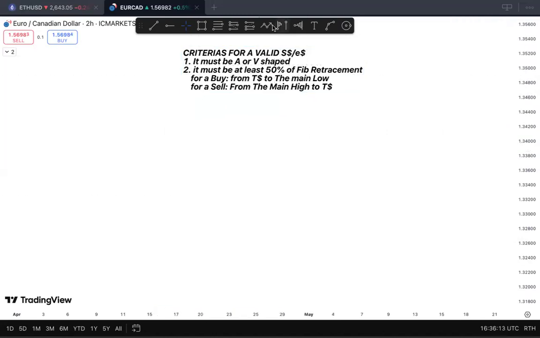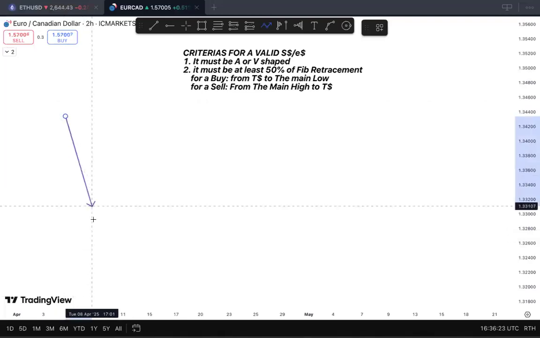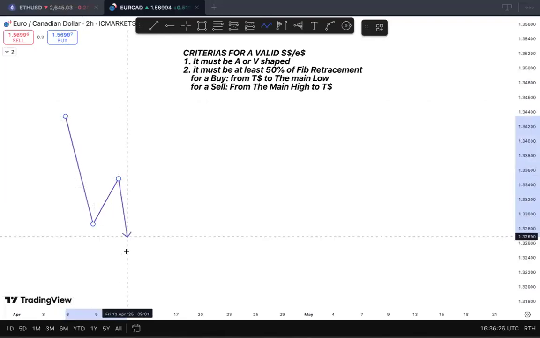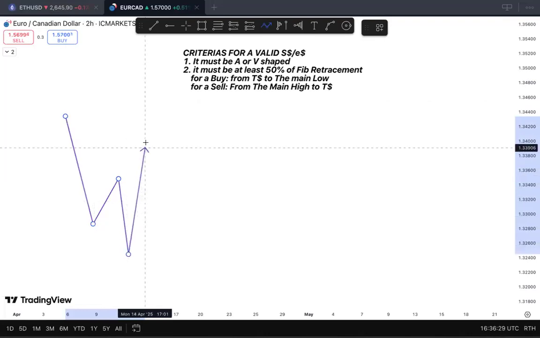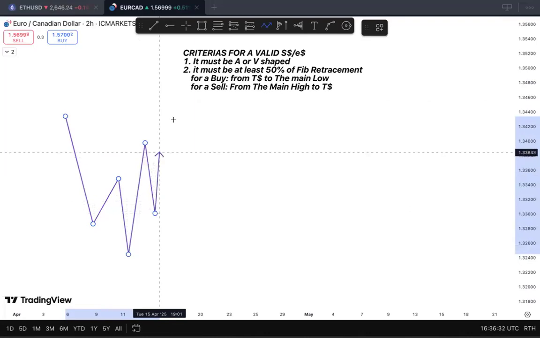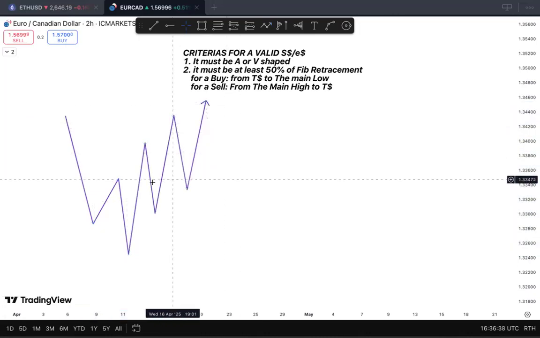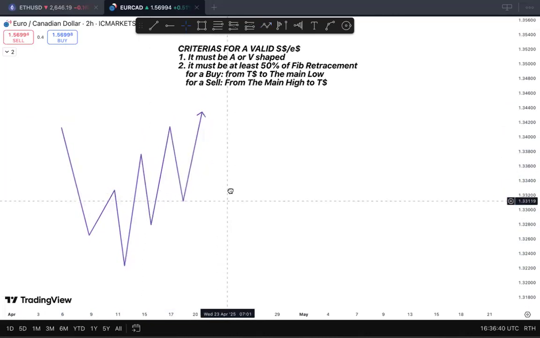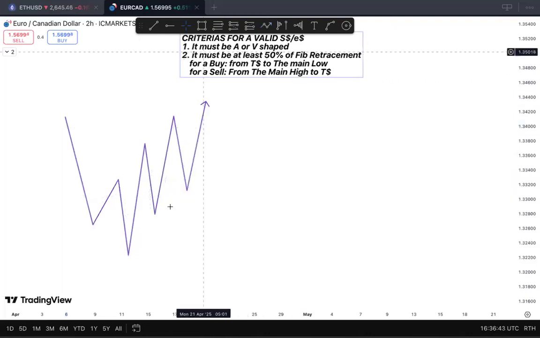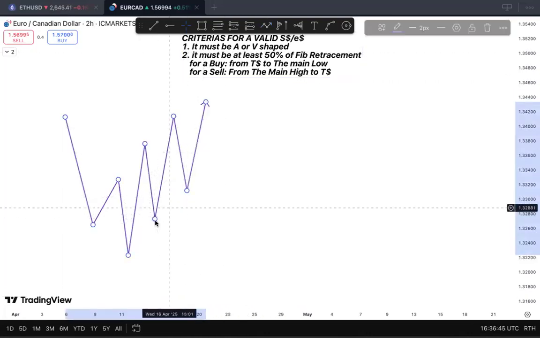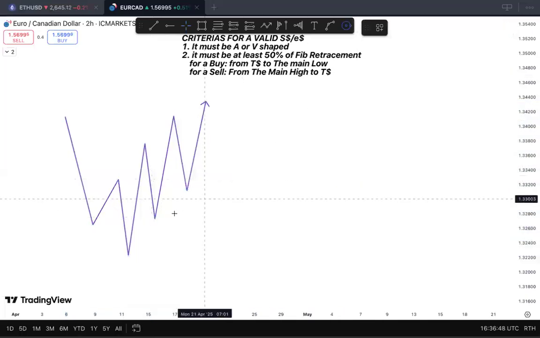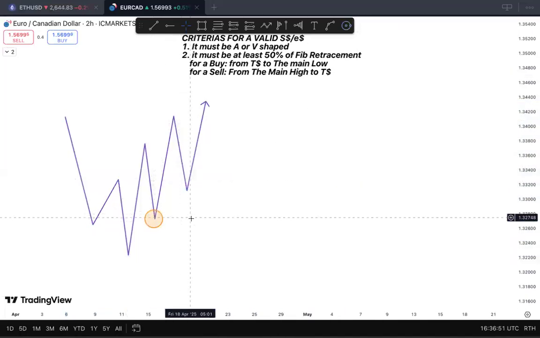So what do I mean? I'm going to explain. So for a bullish structure, we have a bullish structure here. And then you have a structural liquidity. Okay. So how do you know that this is valid? How are you going to tell that this liquidity, which is the structural liquidity, is valid?